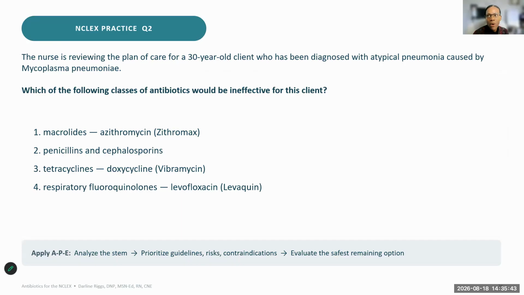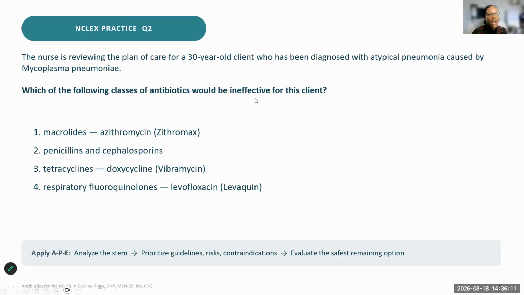No cell wall. That's me analyzing the question before I even look at the answers. So ineffective. I need to pick the thing here that would not work. And what would not work, remember 1, 2, and 3? Those are your penicillins, Augmentins, and cephalosporins.